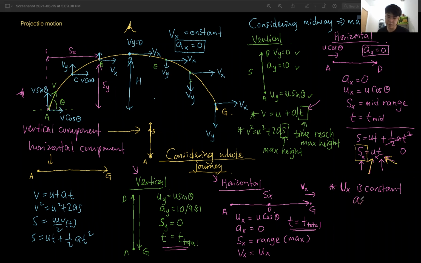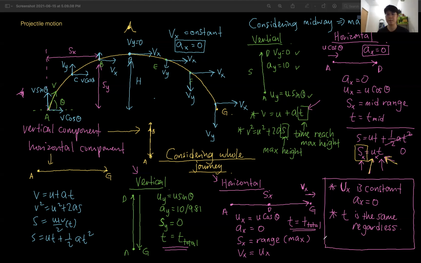So acceleration in the horizontal is always to 0. That is the first thing. And second is you need to know time is the same, regardless. Okay, time is the same, can be applied for both, the same value. These two things.